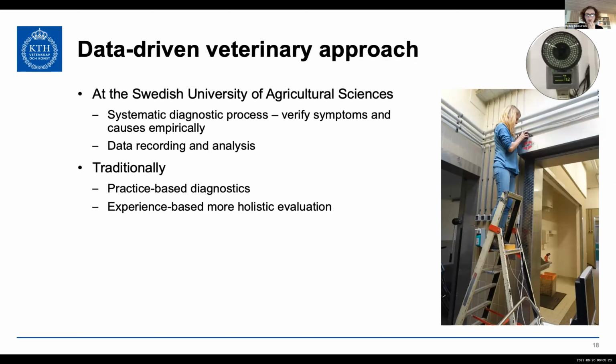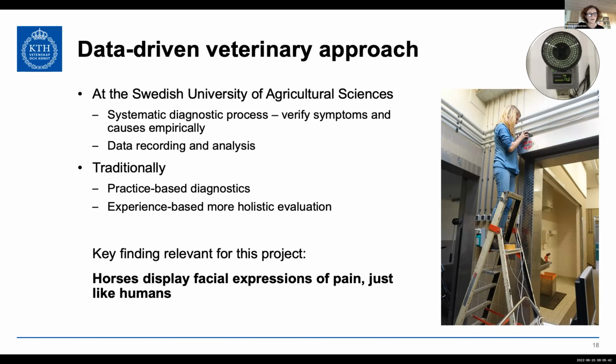Back to my collaborators: in recent years they have done some quite novel research where they recorded and analyzed video of horse facial expressions, which were not well understood up until 2015, actually. The key finding is that horses display facial expressions of pain just like humans.